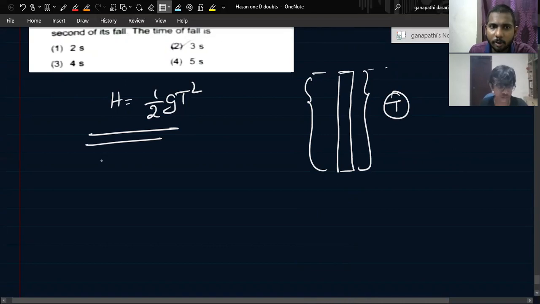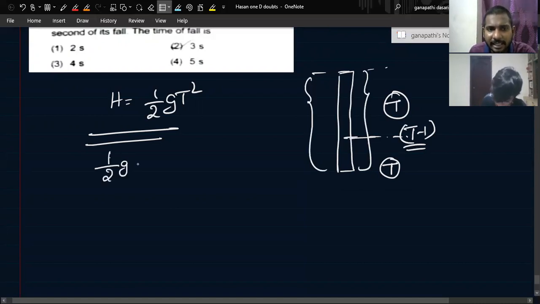So the last second is nothing but total t seconds minus t minus 1 seconds. Can we write the last second distance as half g t square minus half g into t minus 1 whole square?